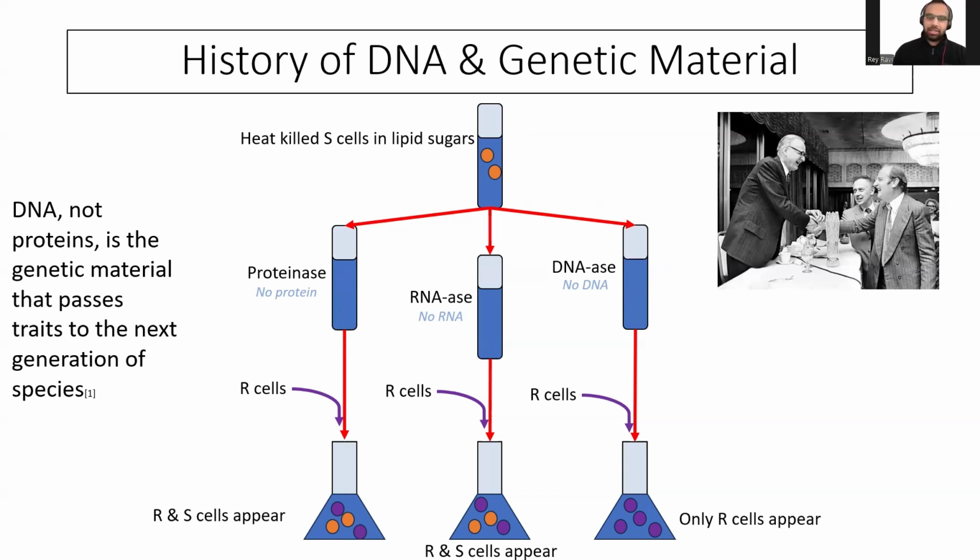Upon adding R strain bacteria to each solution and incubating, two of the three cultures, without proteins or RNA, demonstrated both R and S strains, and thereby the passing down of genetic information, while the other, without DNA, showed only the R strain. This proved that DNA, not the proteins or RNA, is the genetic material that passes traits to the next generation, and it was a landmark experiment in the field of genetics and biochemistry.